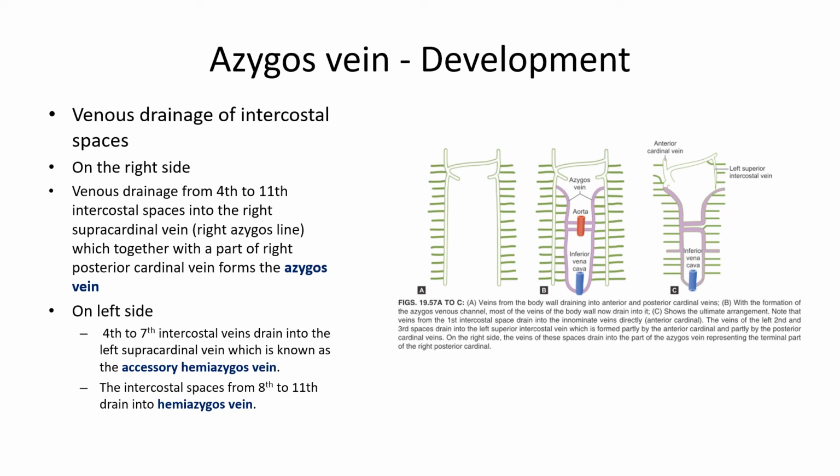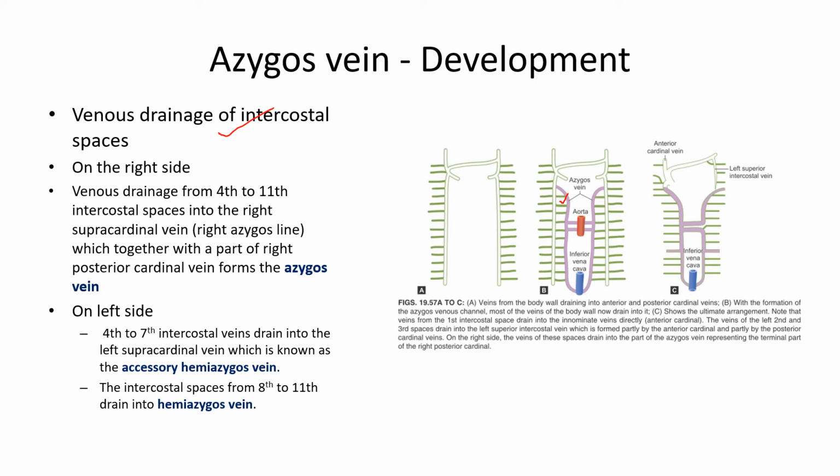So the venous drainage of intercostal spaces: on the right side, the 4th to 11th intercostal spaces drain into the right supracardinal vein, that is the right azygos line vein.